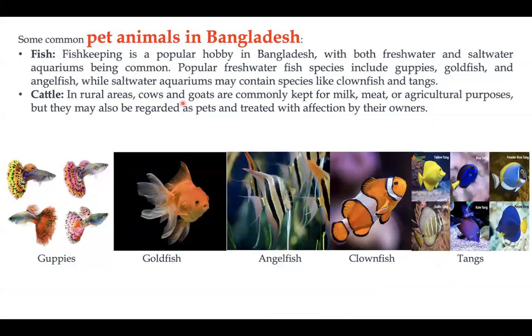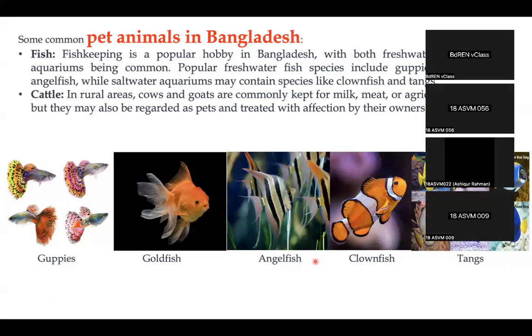And we have some aquarium fishes in Bangladesh that we usually go for, like guppies, goldfish, angelfish, clownfish, tanks, etcetera. These are what we commonly see as aquarium fish. Both fresh and saline water fish are kept.